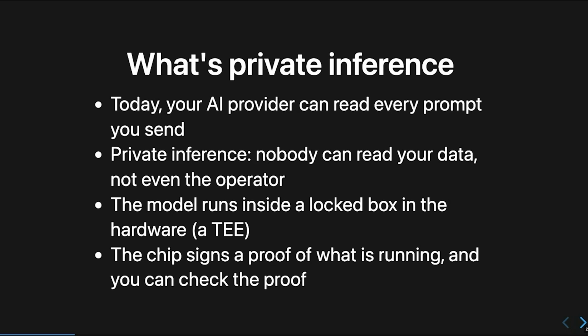The answer is that we can combine confidential computing with cloud compute, so that you don't have to own the hardware, but you can still prove that everything that runs is in the TEE, the trusted execution environment, and your data never gets out of it.